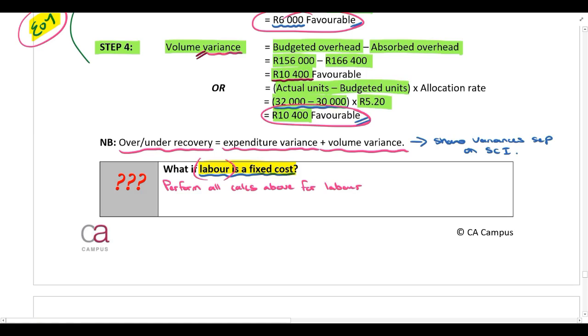So in step 1, you would calculate an allocation rate for labor. In step 2, you would calculate the absorbed cost. In step 3, your expenditure variance. And in step 4, your volume variance. So you perform this calculation for all of your manufacturing related costs that are fixed costs. All fixed costs must be allocated based on normal capacity.